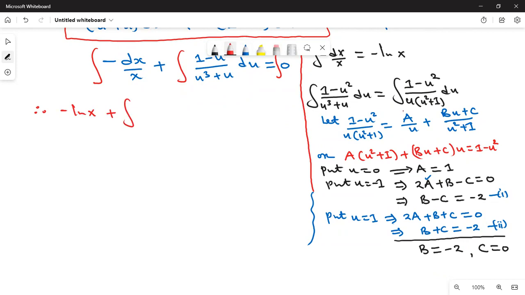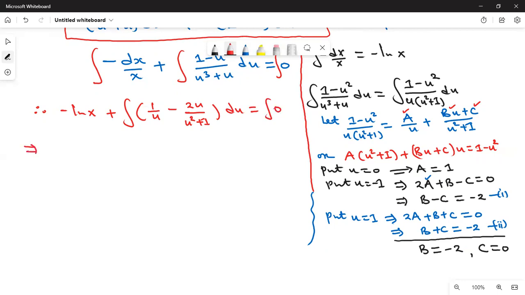Let me replace a and b here so that we know the new fraction that we need to integrate. A is 1, so that is 1 over u. B is negative 2, so minus 2u over u squared plus 1 du is equal to the integral of 0.